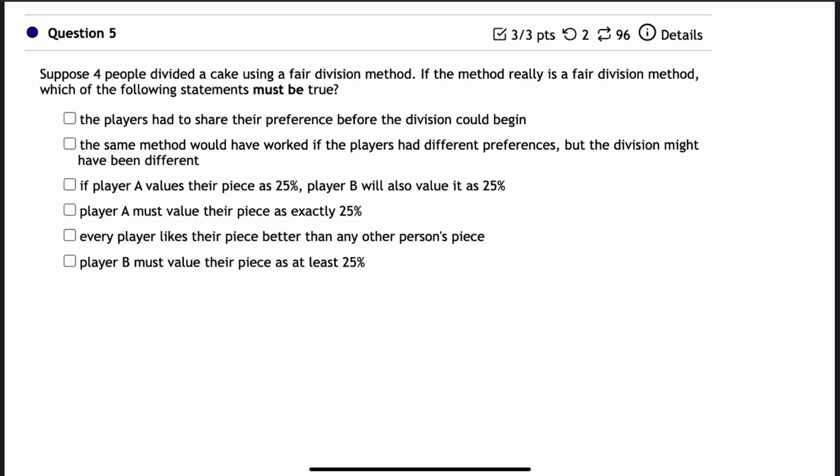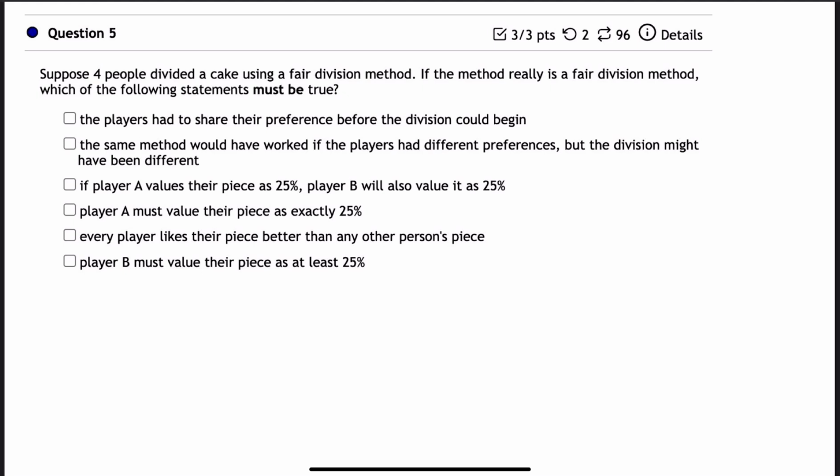But some things I want to highlight would be that fair division is used when parties are non-cooperative. So they've tried some methods and those other methods didn't work. And this method we know will work every time, regardless of who the people are. These methods would be good for people who are non-cooperative.